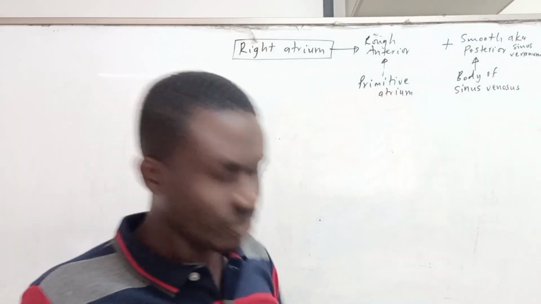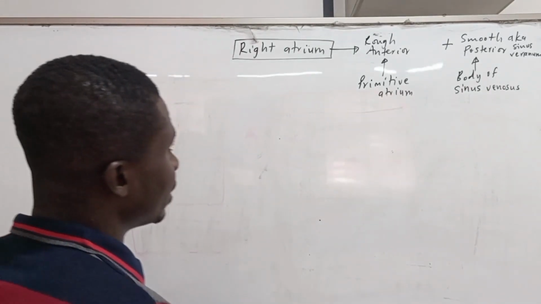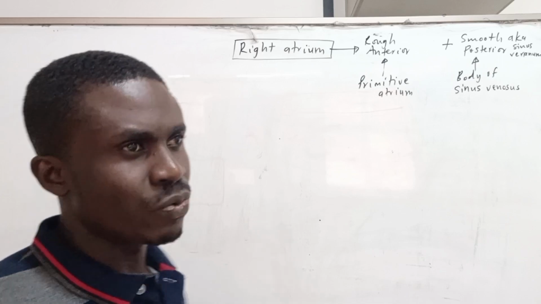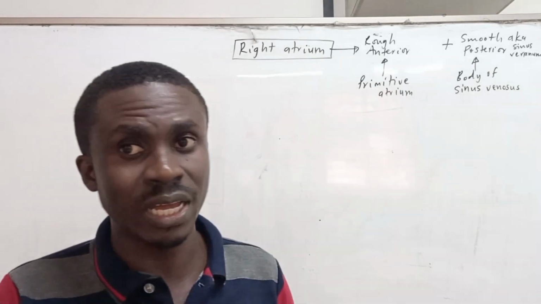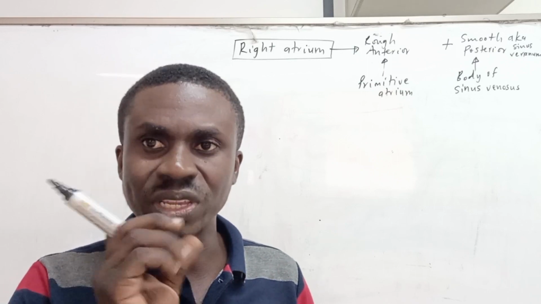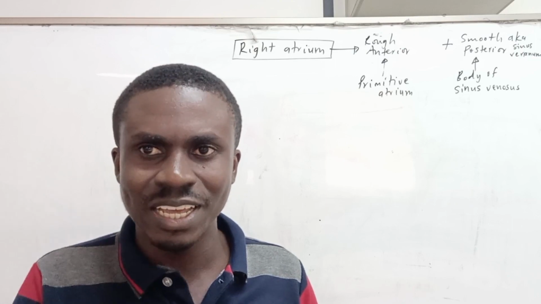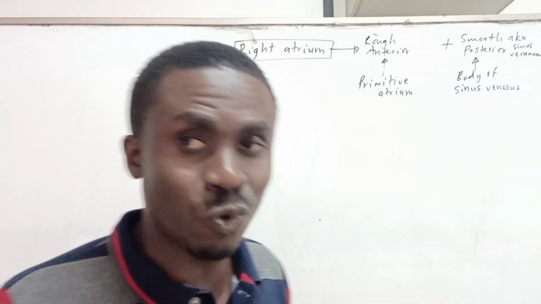Primitive atrium. Now, the rough anterior portion and the smooth posterior portion will be delimited internally by something called crista terminalis. But on the external aspect, we have something called sulcus terminalis.